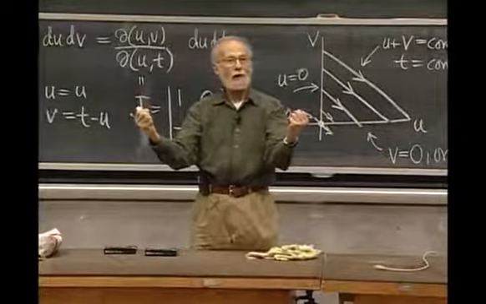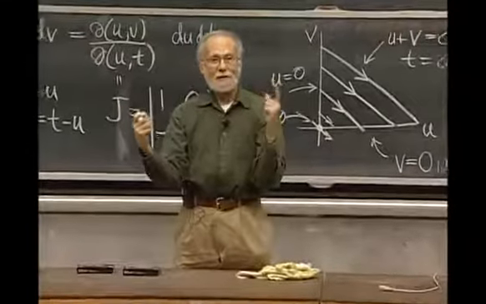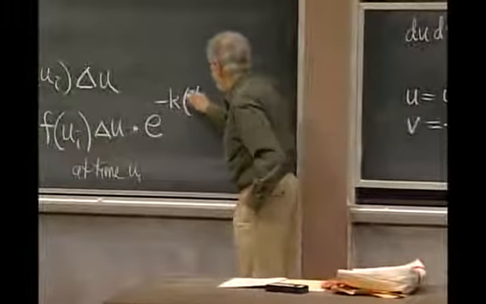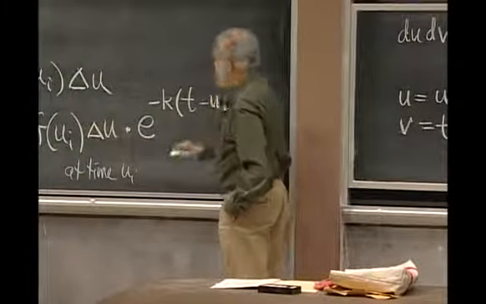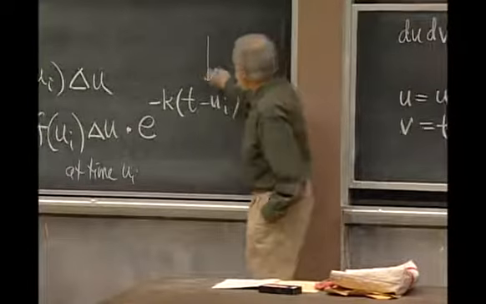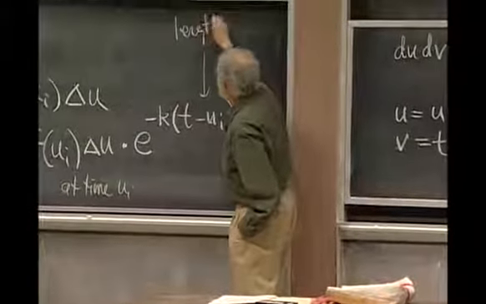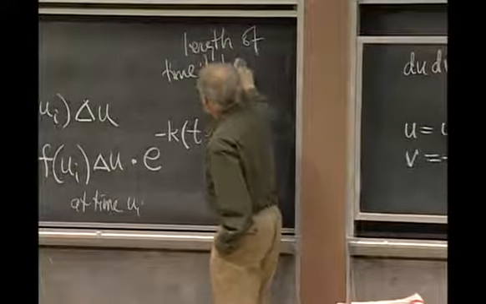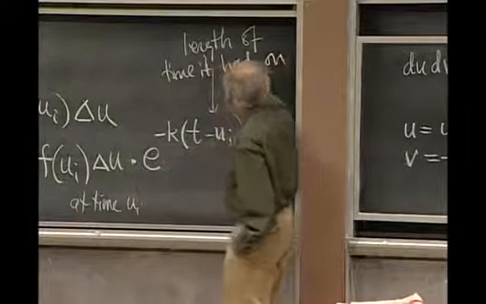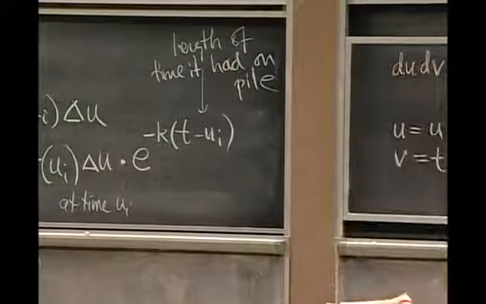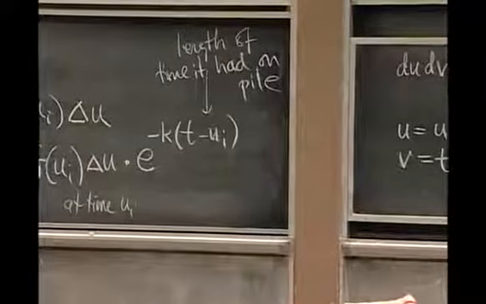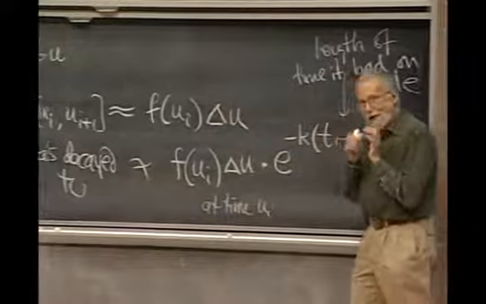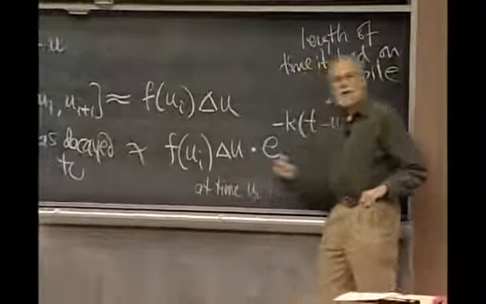It decayed for the time length t minus ui, the length of time it had on the pile. So for the stuff that was dumped in this time interval, at time t, when I come to look at it, this is how much of it is left.